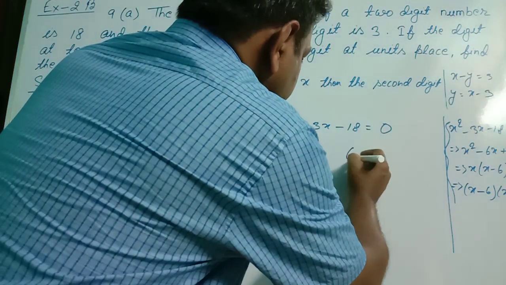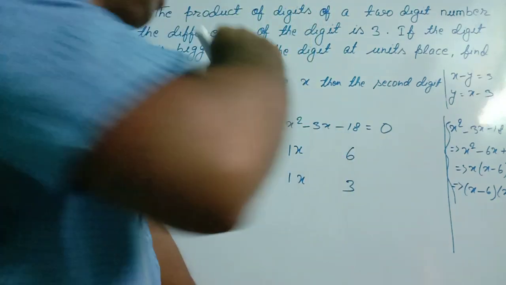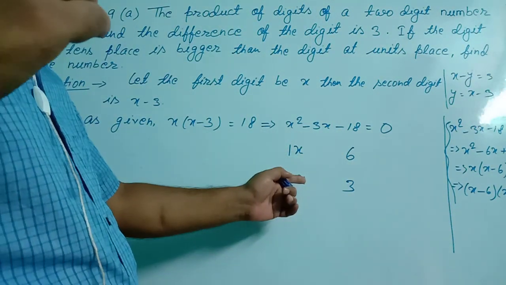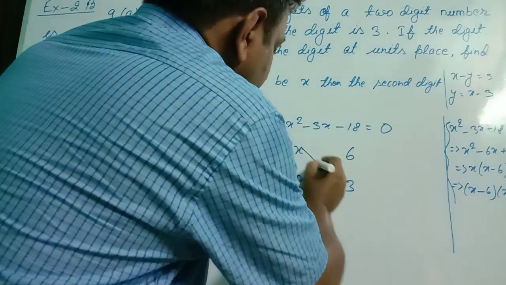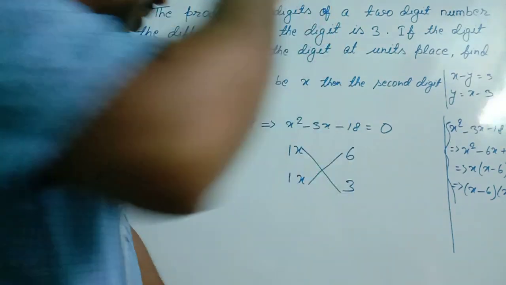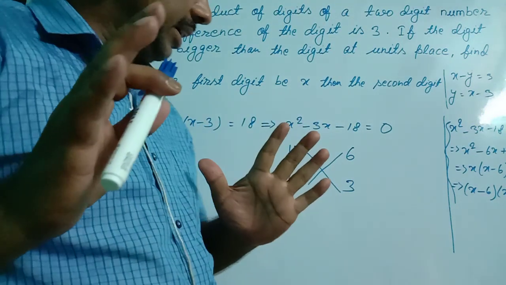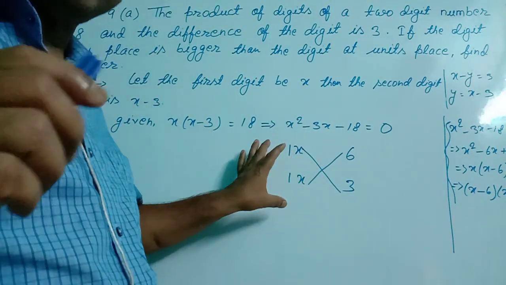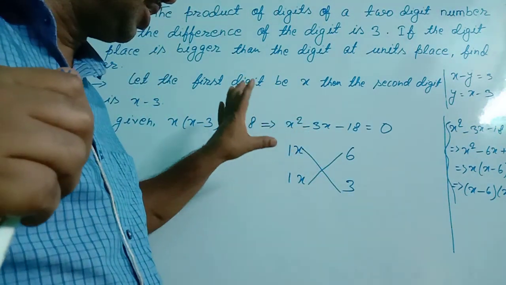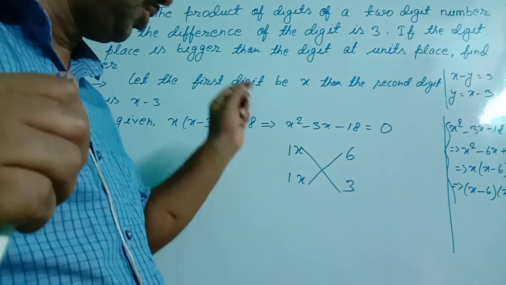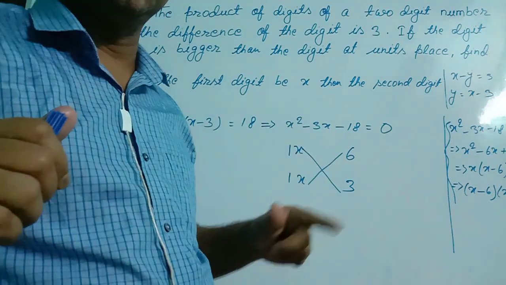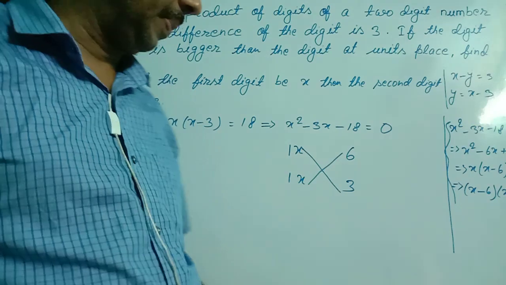Write here 6, here you write 3. With which will come minus, then you do cross multiplication. Okay, so till here you try to understand. I want to say that you should learn this process, that is a very time saving process. In few seconds you can solve the quadratic equation, you can find the value of x.